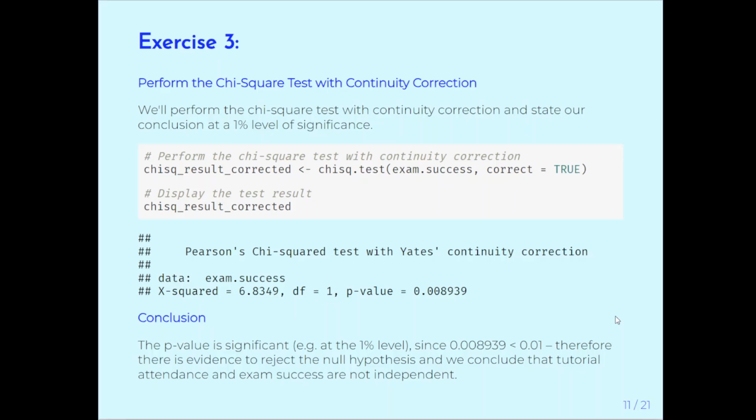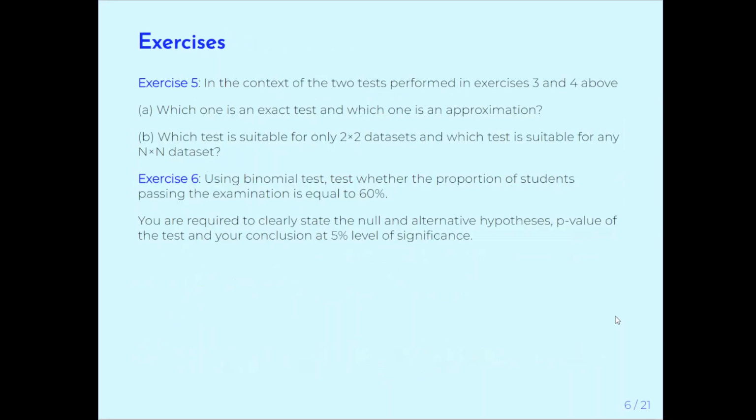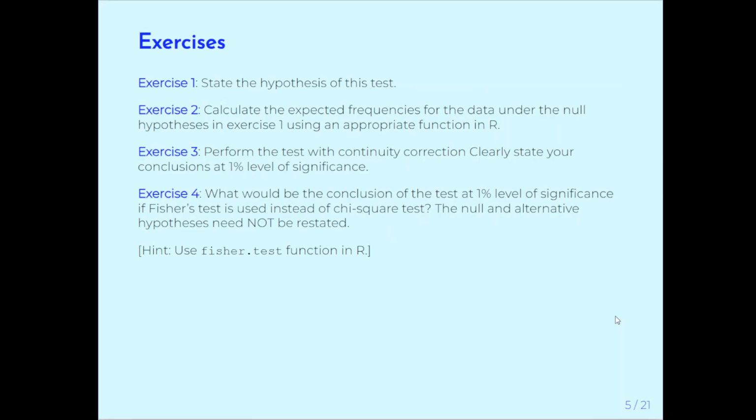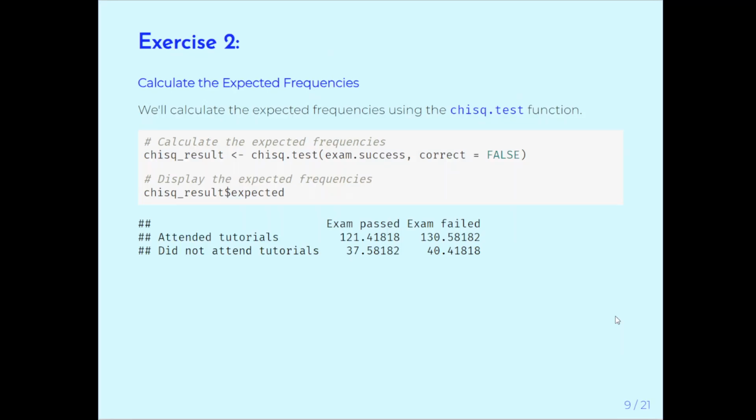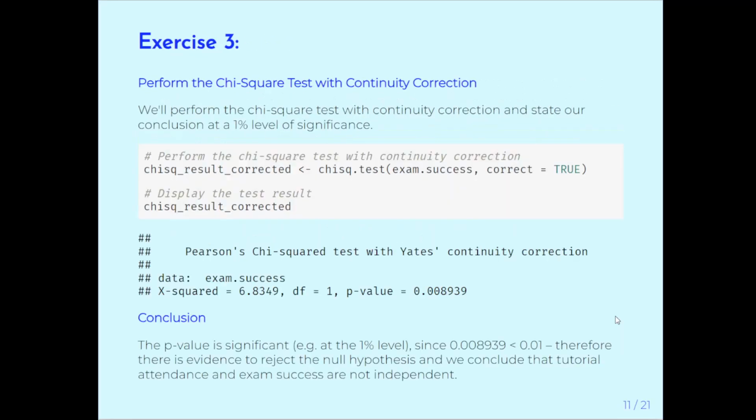Let's double check that, just to be crystal clear. Yes, perform this test with continuity correction. So we run the same test again, chi-square test with exam.success as an input. Now here we are setting correct equals true, which specifies a test with continuity correction. This is our updated test result, or our new model object, and we're going to save it as chisq_result_corrected.